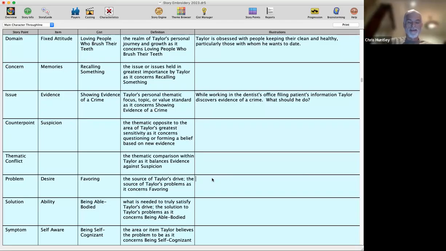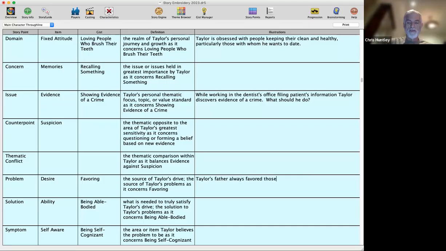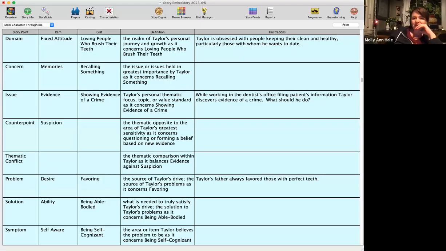And a desire to be favored for your hygiene. Favored those with perfect teeth. Which of course, Taylor had braces and all that kind of stuff, right? Oh, big time. Yeah, because he had terrible teeth. Yeah, real bad.